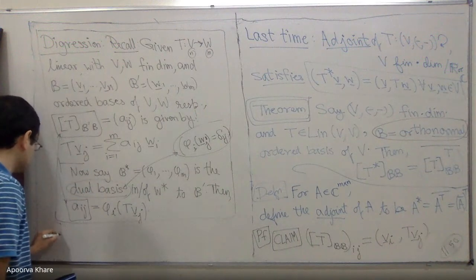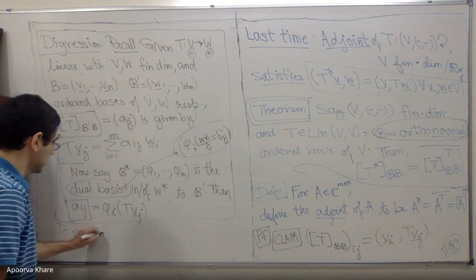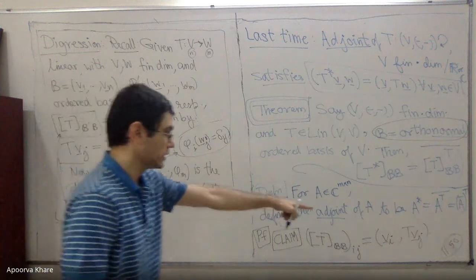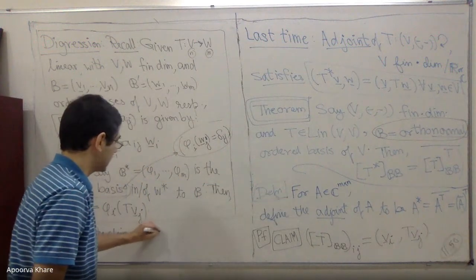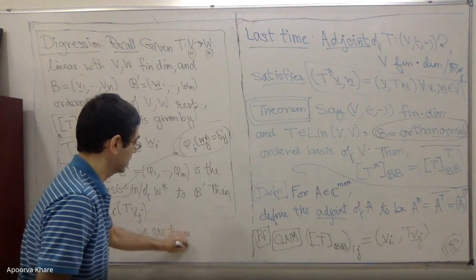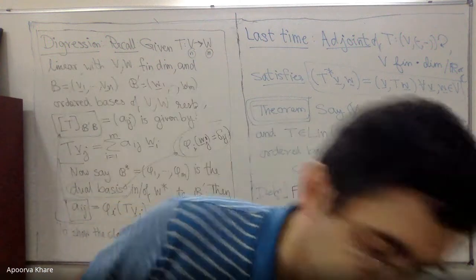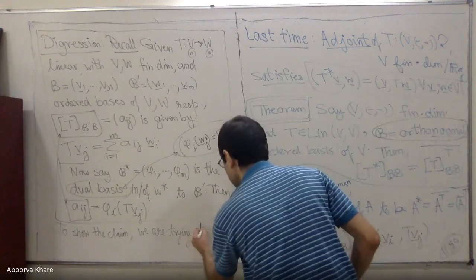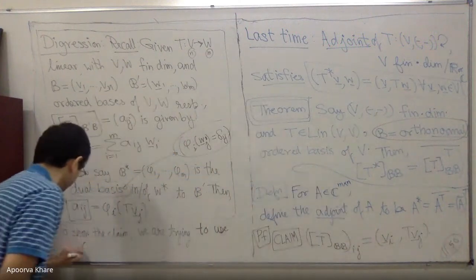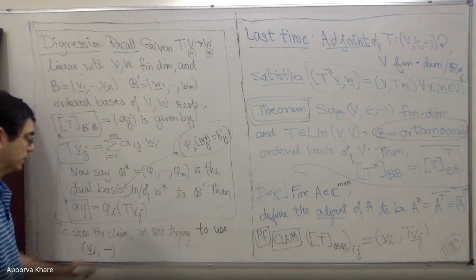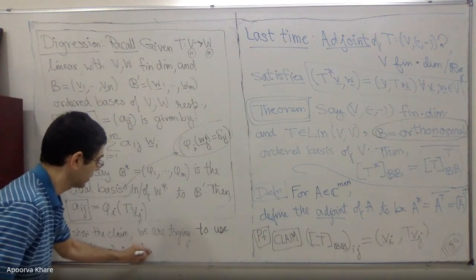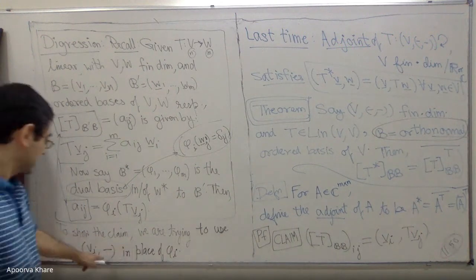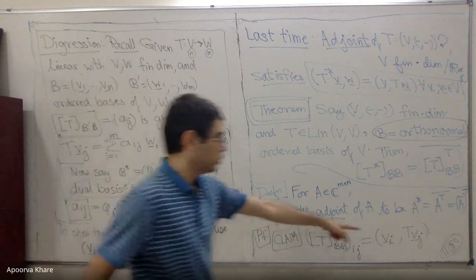To show the claim, we are trying to use v_i and this inner product in place of phi_i. Right? Because we are applying exactly this linear map to T v_j.